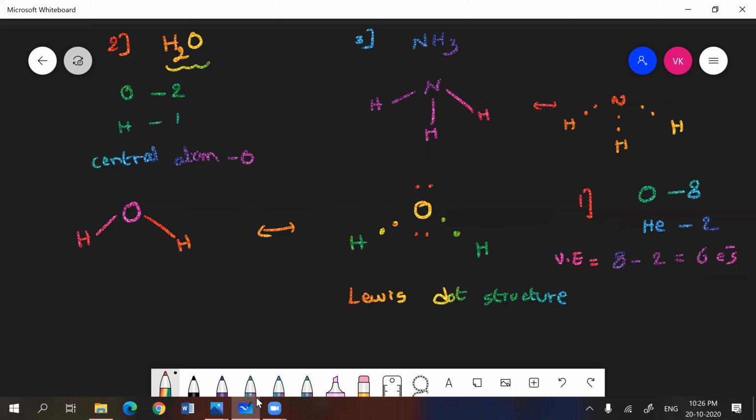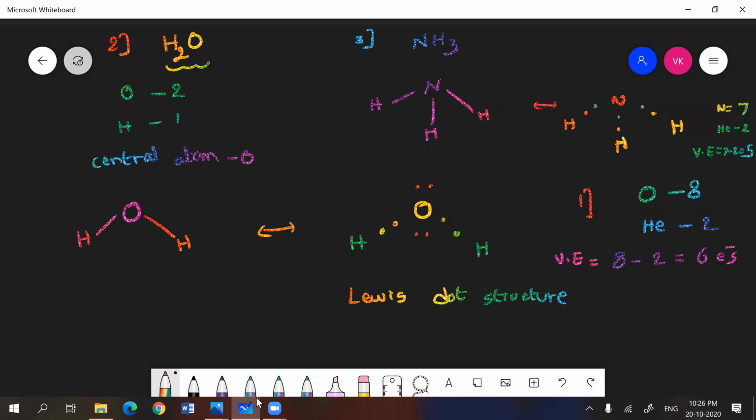Now hydrogen will give only 1 electron, so no need to calculate for hydrogen, it doesn't have any lone pairs. Let us see for nitrogen. Nitrogen atomic number is 7 and the nearest noble gas is helium, atomic number 2. So what are the valence electrons here? 7 minus 2 is equal to 5. Already, we see 1, 2, 3 electrons are involved in bond formation.